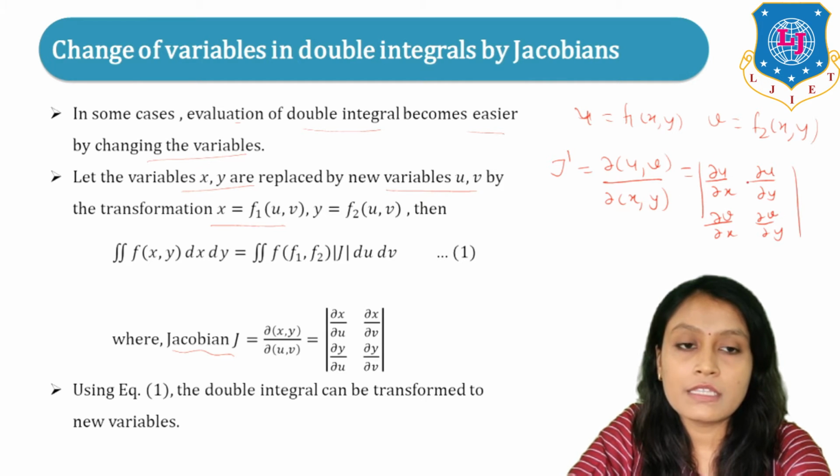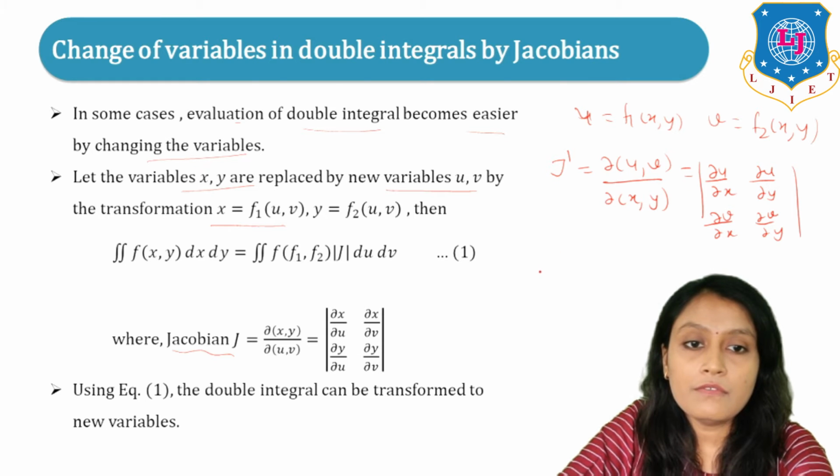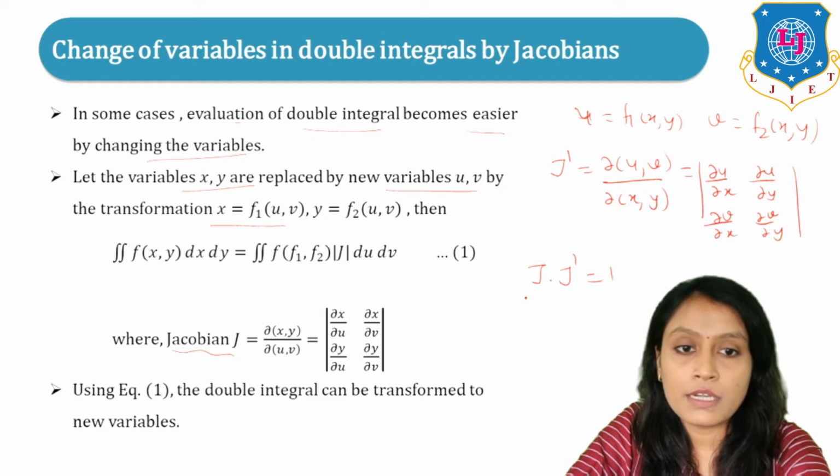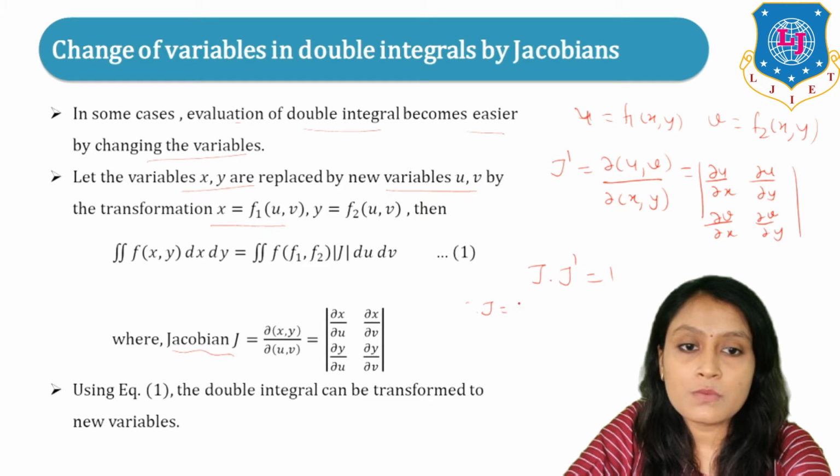And we have this property that J into J dash is equal to 1. Therefore J is 1 upon J dash.